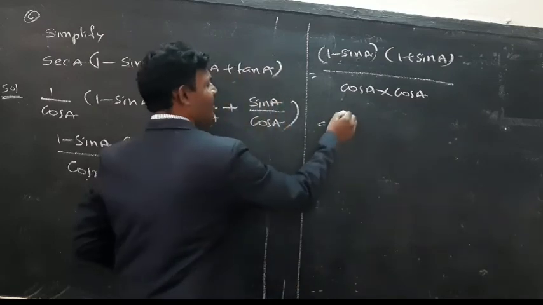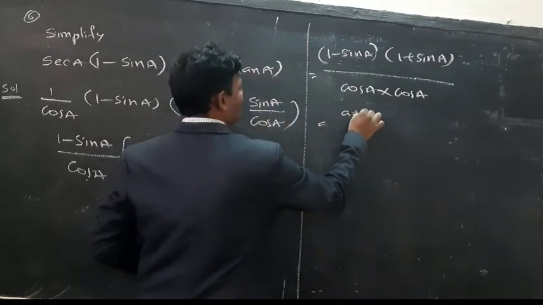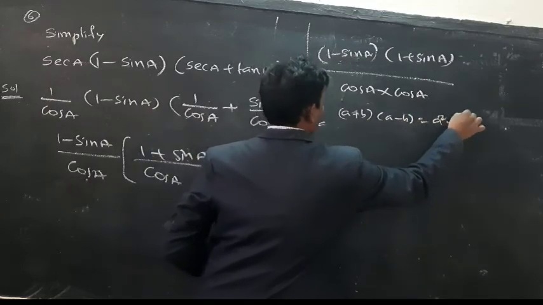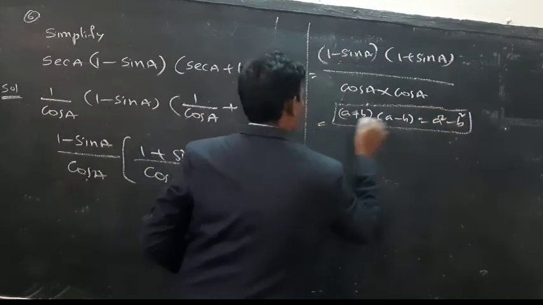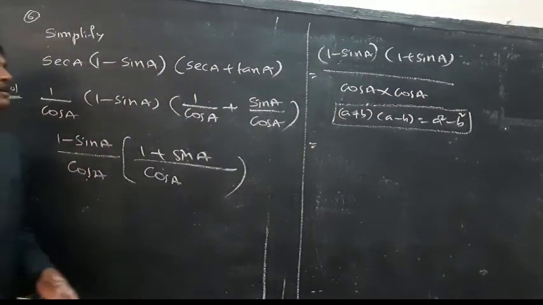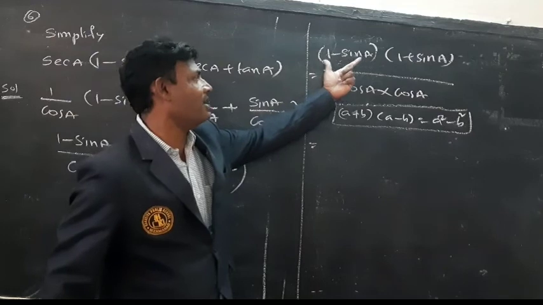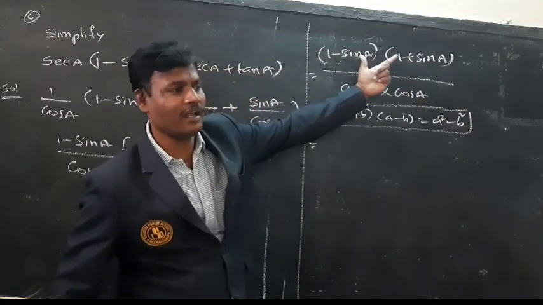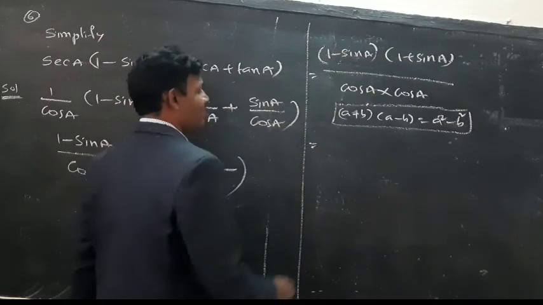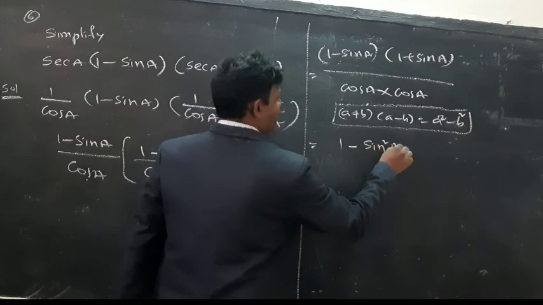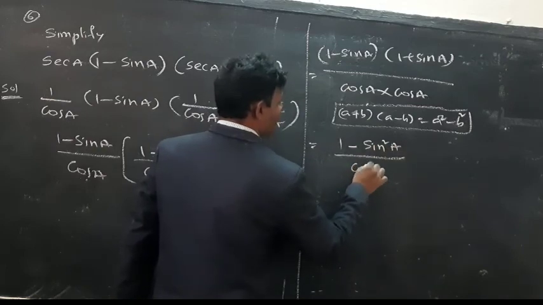A minus B into A plus B is equal to A square minus B square. So clearly observe here, 1 minus sin A and 1 plus sin A are in the A minus B and A plus B form. So A square minus B square means 1 minus sin square A by cos square A.